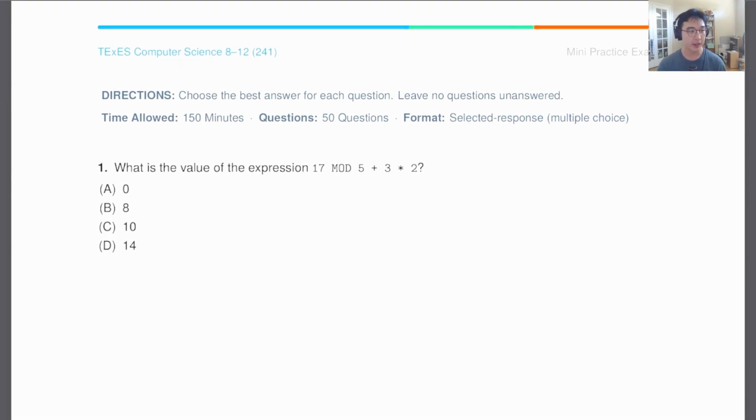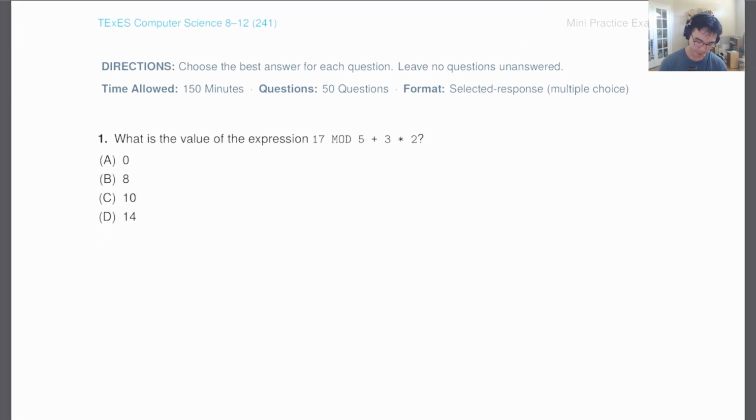So question 1, this is talking about the expression 17 mod 5 plus 3 times 2. So this is really testing two concepts. One is, do you know your order of operations? So if you want some practice, let's list the order of operations right now.